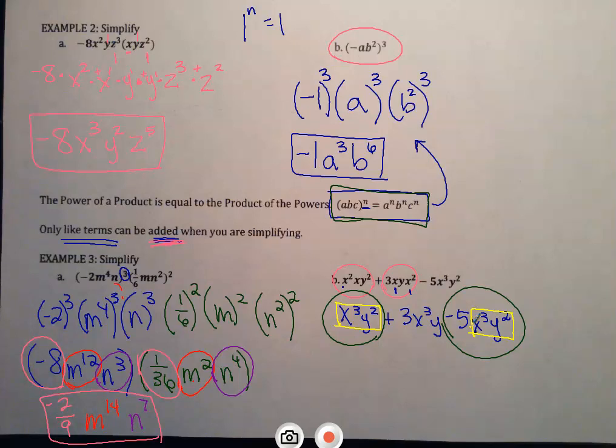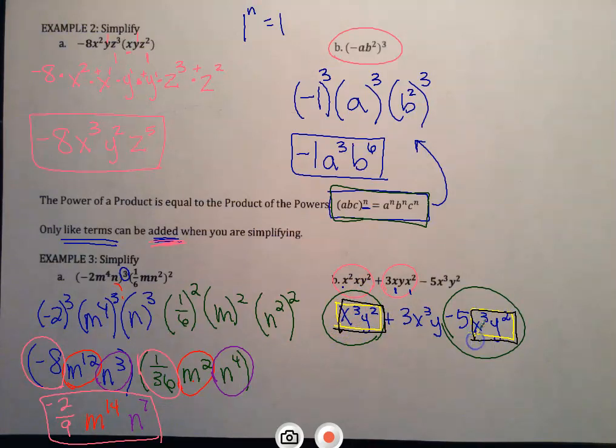So this is saying 1 x cubed y squared minus 5 x cubed y squared, which is how much? Doesn't that just simplify to -5? Not to negative 5, because this is a 1. We never write it. What's 1 minus 5? Negative 4. So it's the same thing. This is just a one of these. It's like a semi-truck and a trailer. This is the trailer that it's hauling, right?